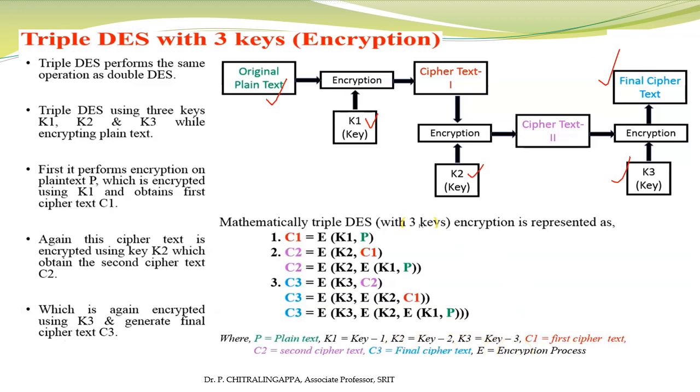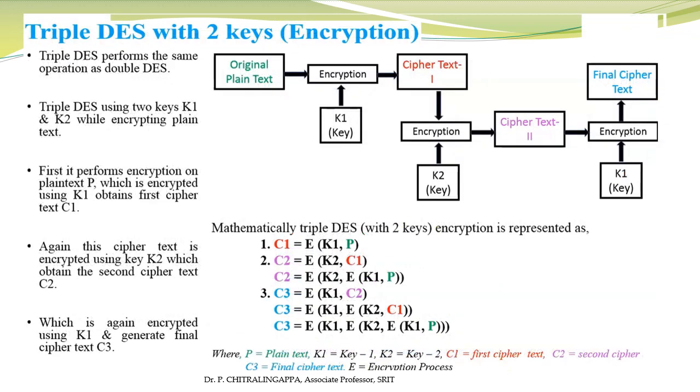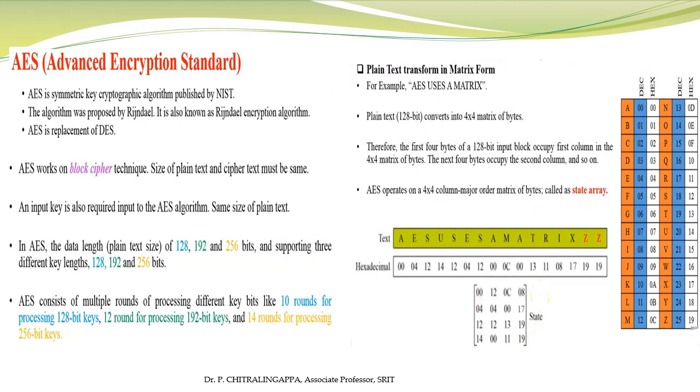In this case we are using 3 keys, and you can also implement triple DES with only 2 keys. So I use key 1 for one encryption and key 2 for another encryption. For the third encryption I use the same key, either key 1 or key 2. That is triple DES with 2 keys.